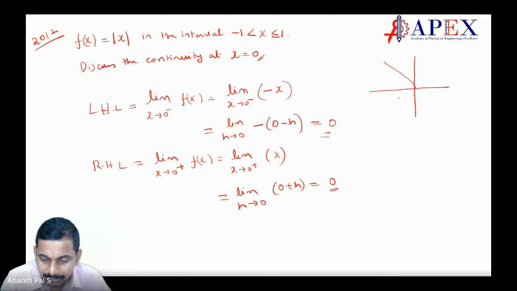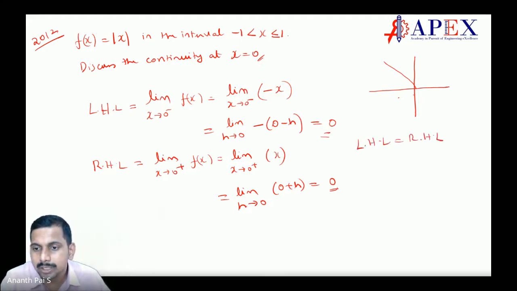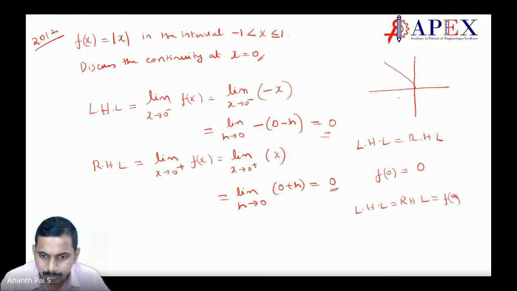So left hand limit is equal to right hand limit. Not enough. Is it equal to f of a? What is f of 0? f of 0 is 0. So left hand limit is equal to right hand limit is equal to f of a. So continuous.